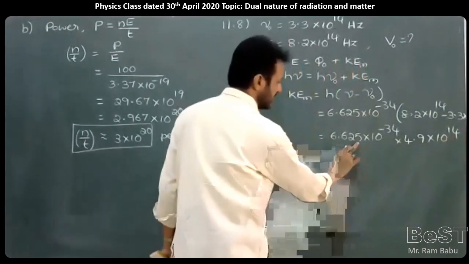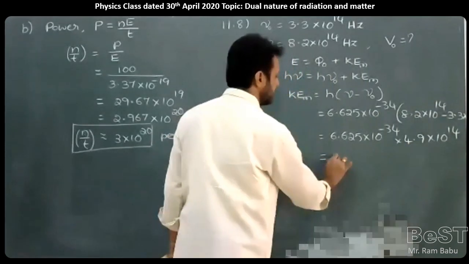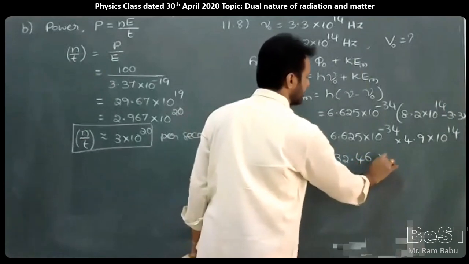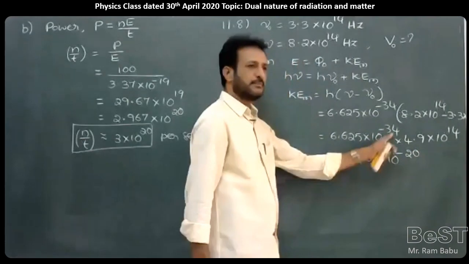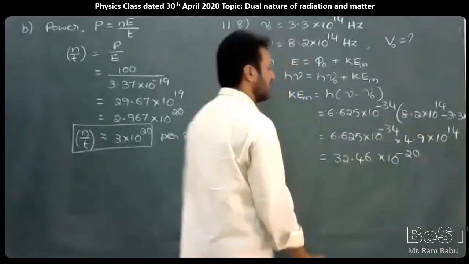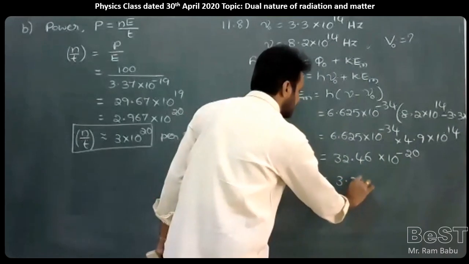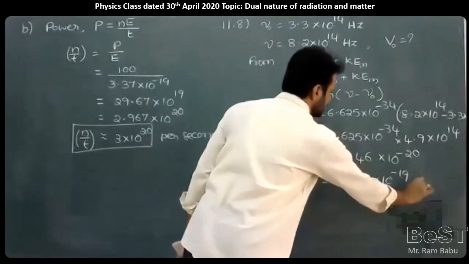Now multiply 6.625 into 4.9, which is 32.46 into 10 to the power of minus 20, since minus 34 plus 14 is minus 20. Adjusting one digit, it is 3.246 into 10 to the power of minus 19 joule.